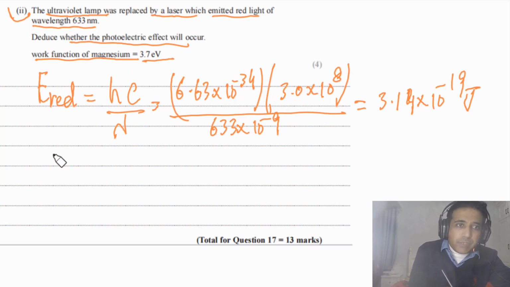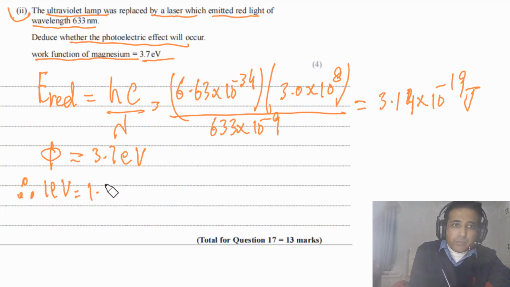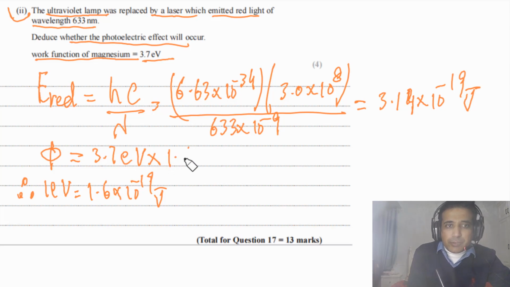And work function we have, so we can also write down work function of magnesium. This is equal to 3.7 electron volts, and 1 electron volt is equal to 1.6 times 10 to minus 19 joules. So we can convert this one also into joules. Simply we need to multiply with 1.6 times 10 to minus 19. This is joules per electron volt.